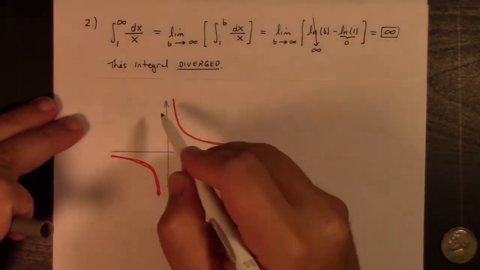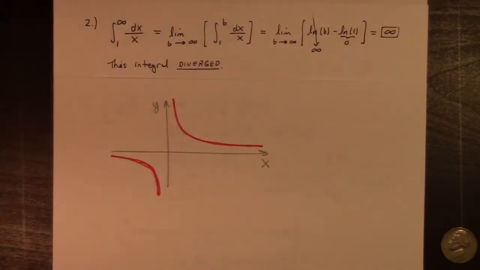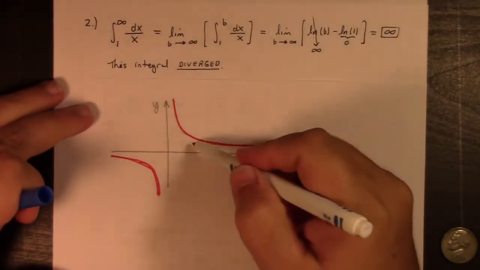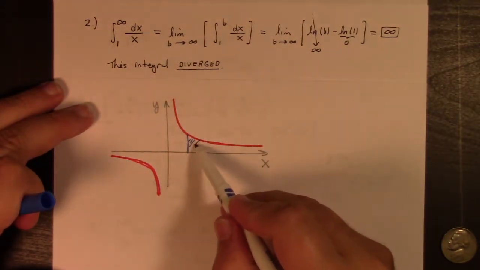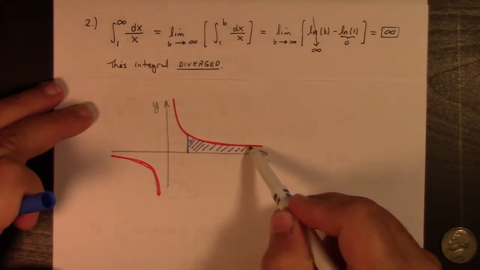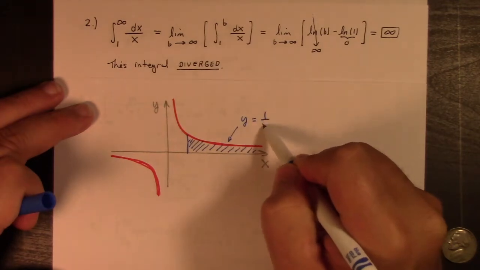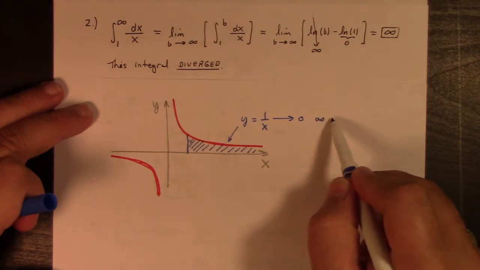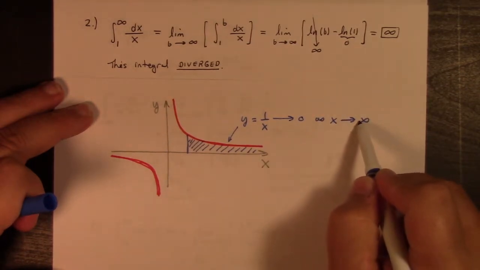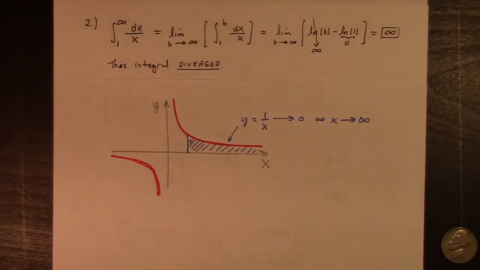And here's your x, here's your y, right? And the area we just calculated in example 2 would be the area from 1 to infinity. Despite the fact, by the way, that y equals 1 over x goes to 0 as x goes to infinity, just like in the last one, e to the minus 3x went to 0 as x went to infinity.